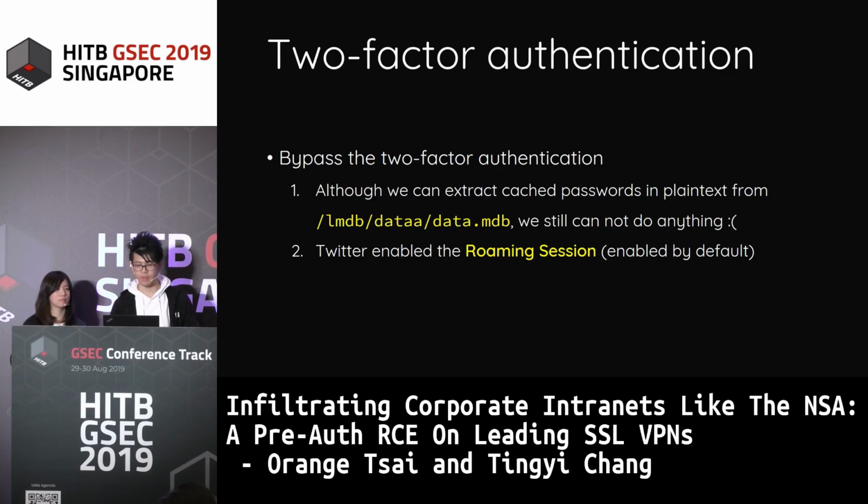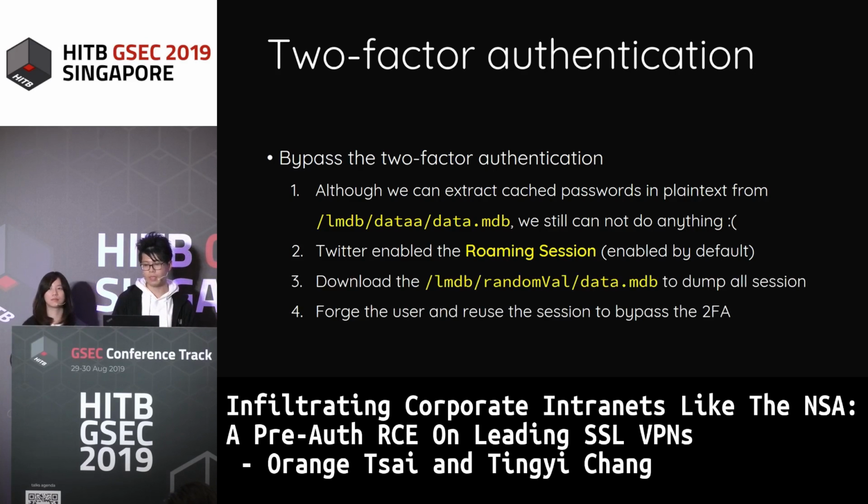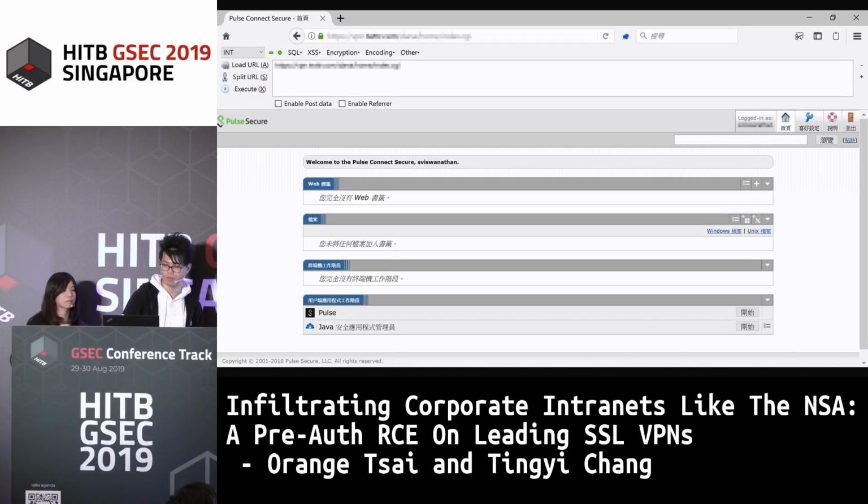Roaming session is the feature to enhance mobility. It allows a session from multiple IP locations. So once we knew that, we downloaded the database and forged the session to bypass the two-factor authentication. And finally, we logged into their system.